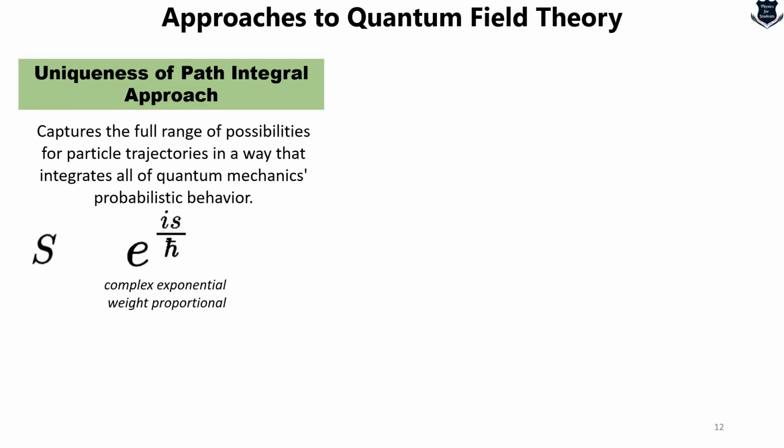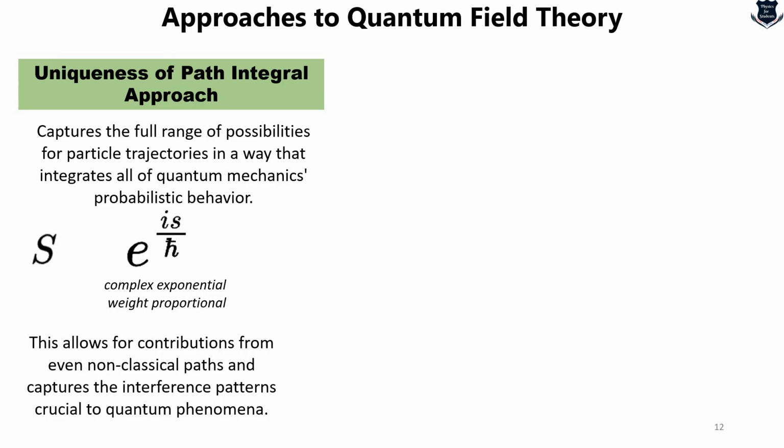This allows for contributions even from non-classical paths and captures the interference patterns, which are very crucial to understand quantum phenomena. Here is the summary: it also allows non-classical paths, so the interference phenomena, which is very crucial, is also taken into account.